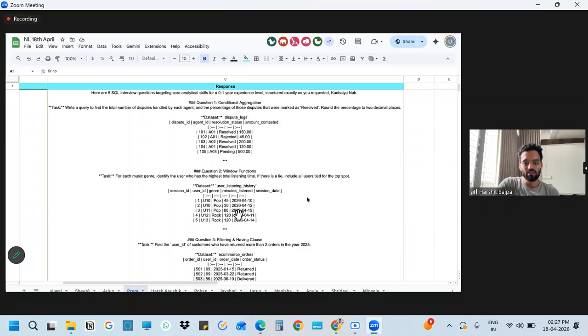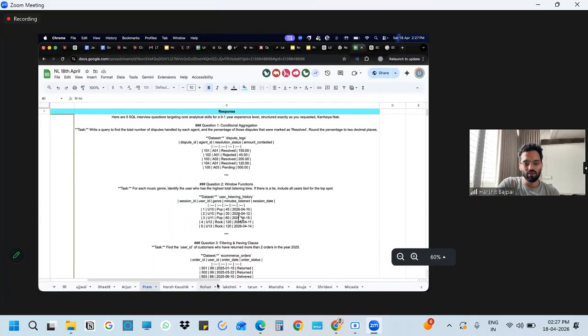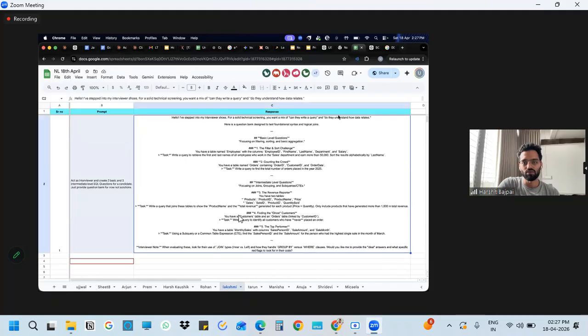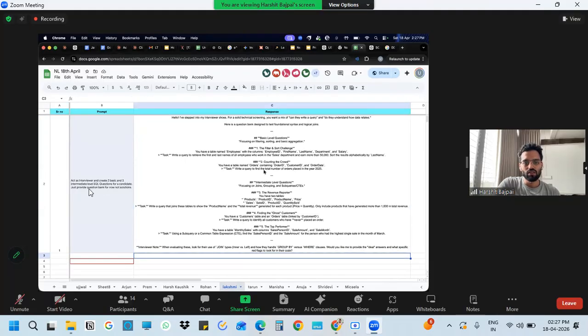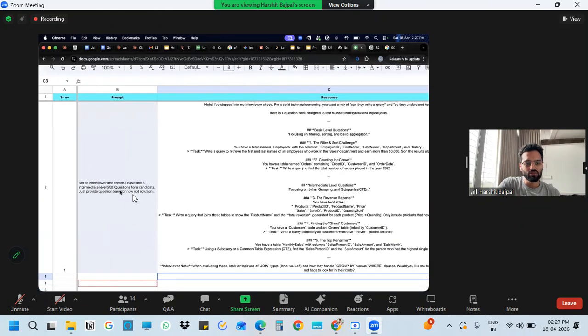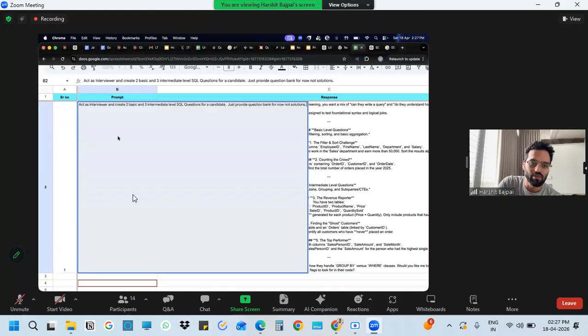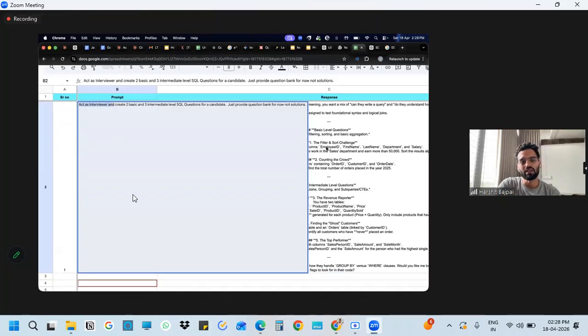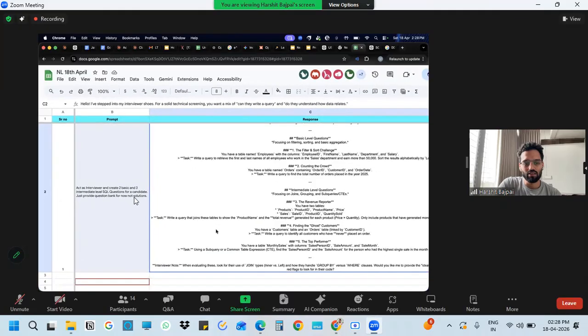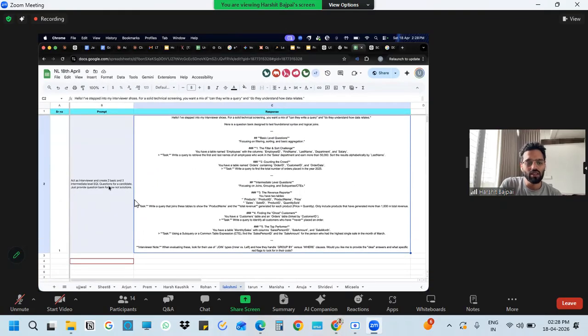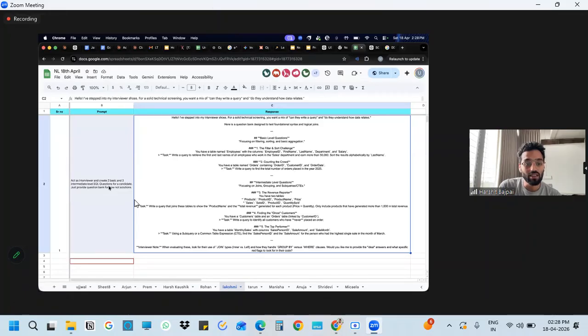So I'll pick another one. Someone may pick here, we'll go to the fourth. Here, it says act as an interviewer. We'll discuss why this was written later. I think I'm picking Lakshmi's response. Lakshmi has written create 2 basic and 3 intermediate level questions. So she is saying that I want 5 questions, but at different difficulty levels.